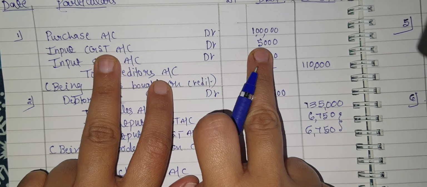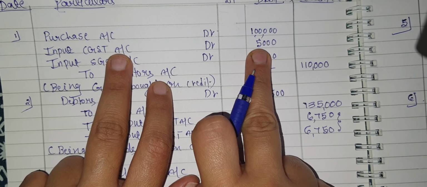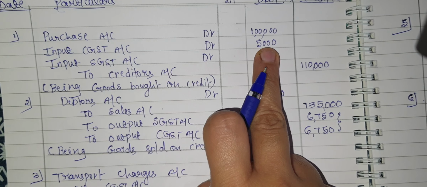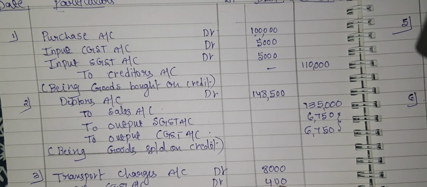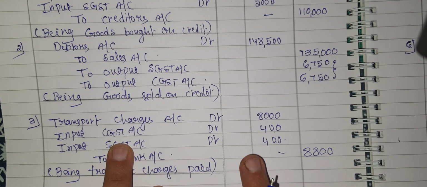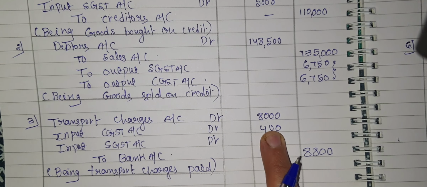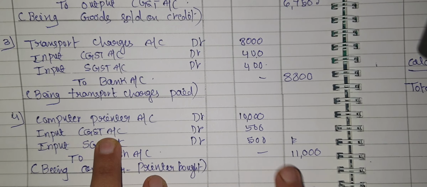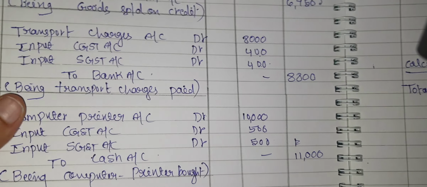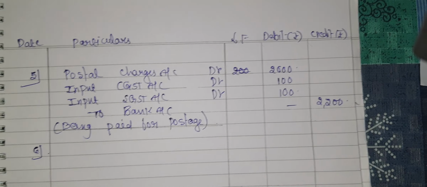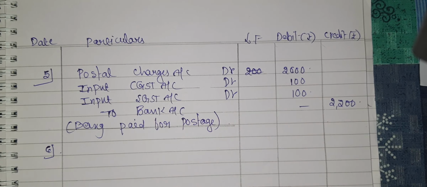In purchases, input CGST is rupees 5,000. Next, under transport charges, rupees 400. Computer printer, rupees 500. And in postal charges, rupees 100.